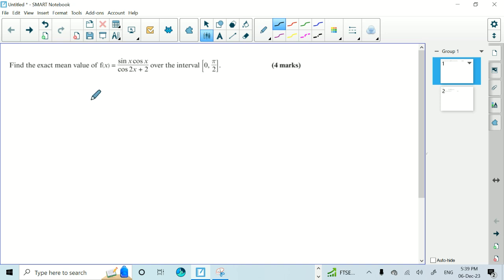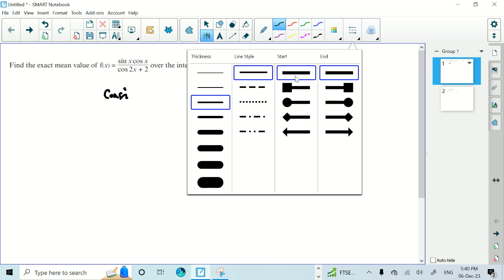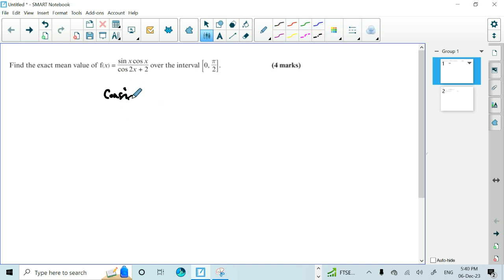So, considering the integral of sin x cos x over cos 2x plus 2 dx.